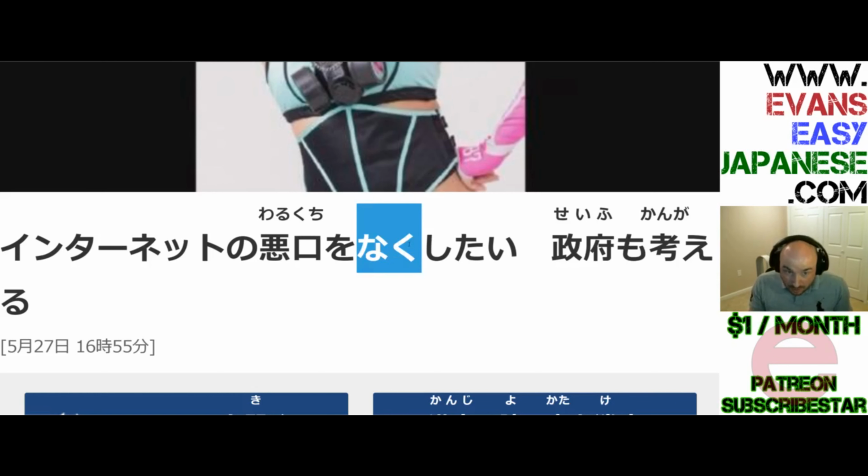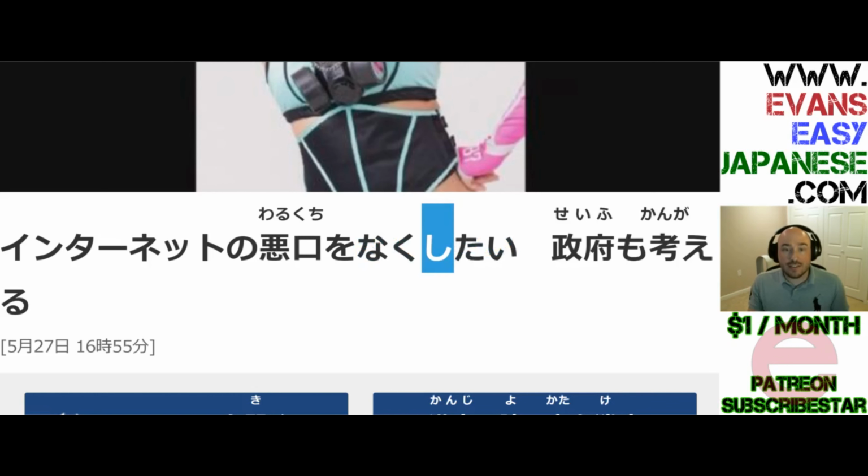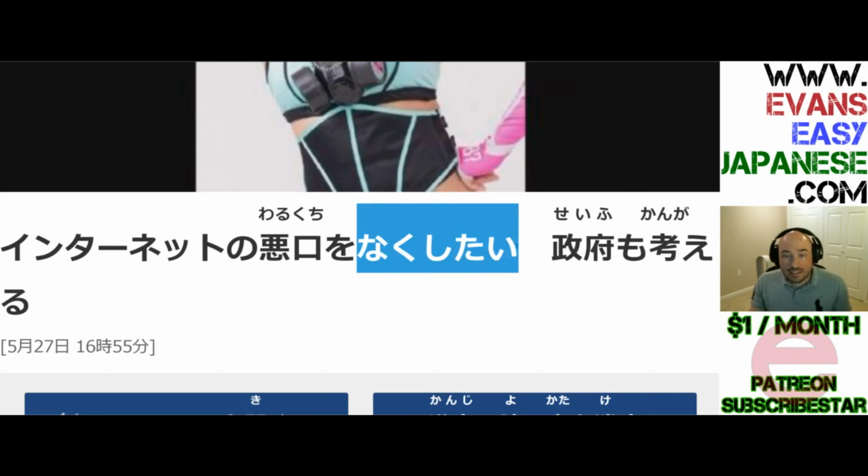Now, the reason why we are turning it into an adverb here is so we can put the suru verb there. This is the verb suru. However, it's in the I want to do form. Shitai, suru, shitai, shimashitai, all that sort of stuff. And when we have an adverb like this, an i adjective with a ku followed by suru, it means decide to do something, operate in a way so as to decide upon something.